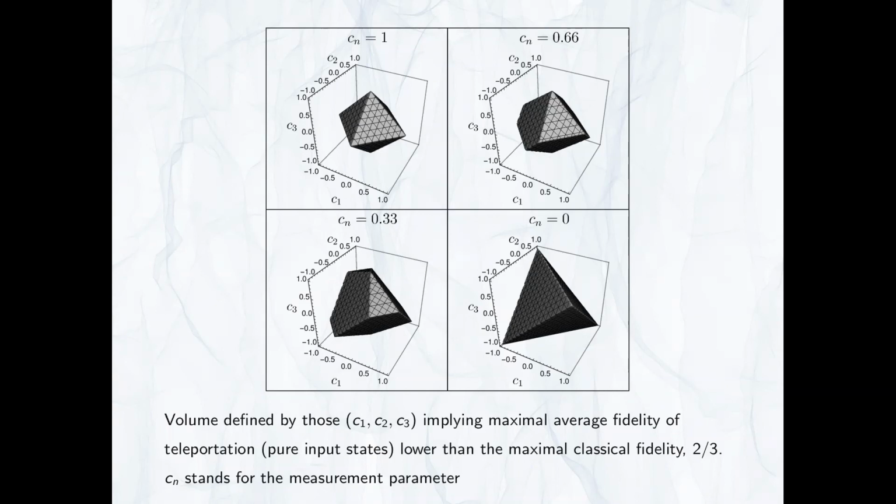As we said before, if we take the Bell basis, taking Cn equal to 1, and you teleport pure states, then your non-useful states are the separable ones. This is the set of Bell diagonal states that has no entanglement.